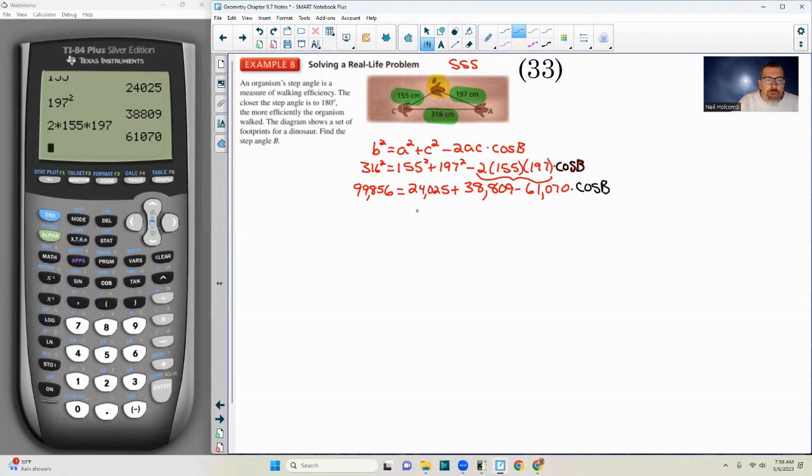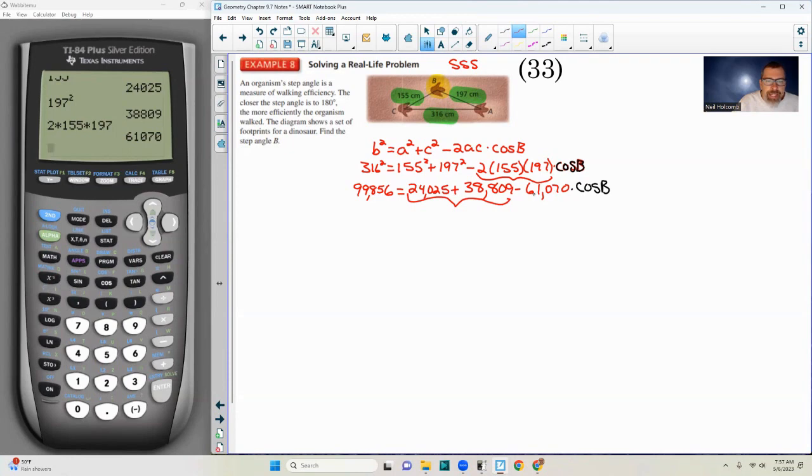Okay, so I'm going to combine these here. Do not combine all three. Remember our order of operations. If you do that, you'll get the wrong answer. PEMDAS says to do parentheses, then exponent, then multiply, then divide. So this is multiplication over here, and this is addition.